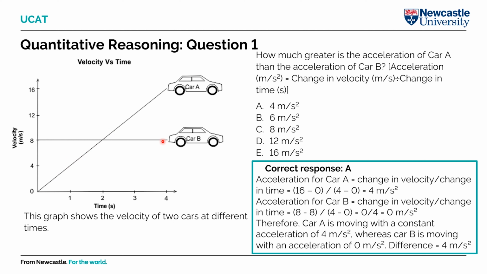So we know that the change in acceleration for car B is going to be 0 because it's flat. We know that car A is going at a steady pace. So what we could actually just do is go to our first time point and read off the graph to 4. And this is just about really understanding what the question is asking for, rather than having to do this calculation. You can just look at the graph. But again, that comes with practice, and it's just about understanding what they're asking for.